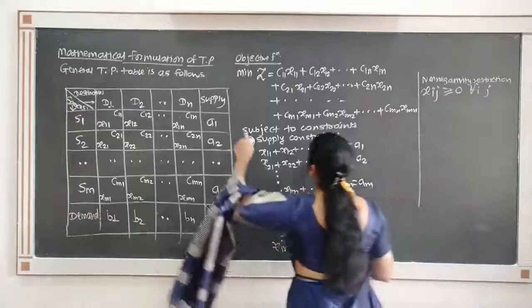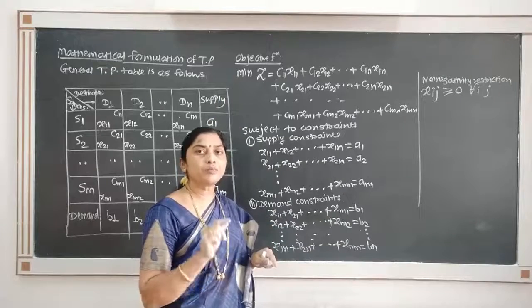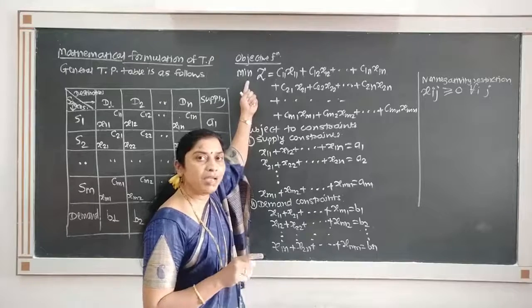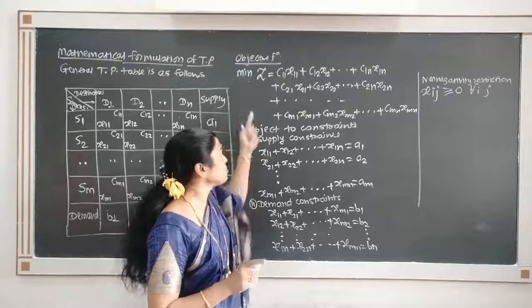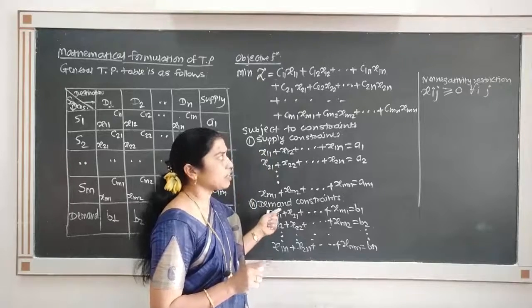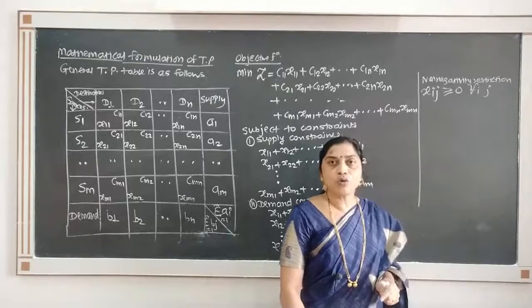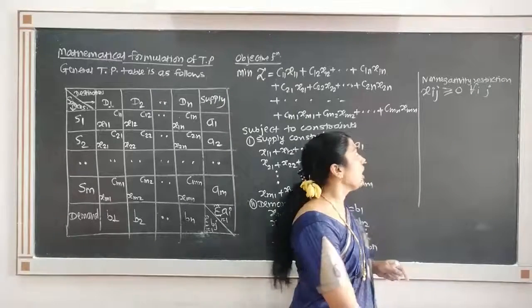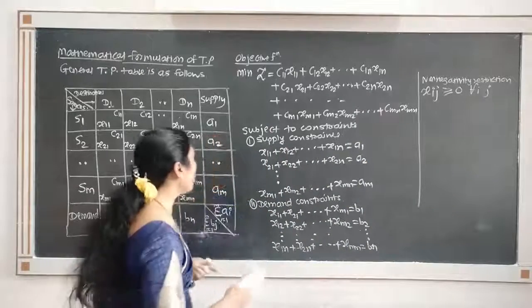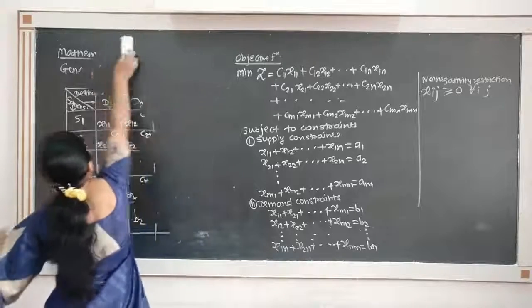So this shows that a transportation problem is nothing but a linear programming problem having the objective function, that is minimize the total transportation cost, subject to constraints which depend on supply and demand, and the non-negativity restriction Xij greater than or equal to 0 for all i and j. This LPP can be simply written in symbolic form using the summation sign.